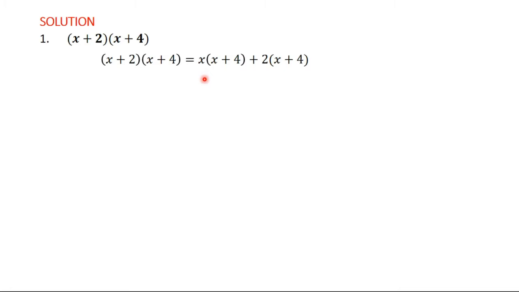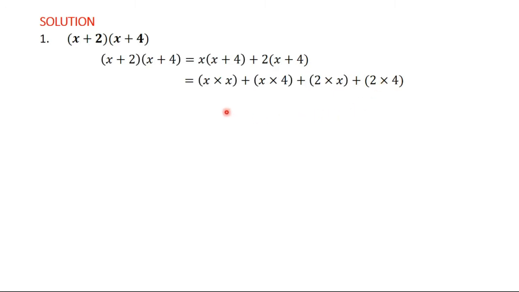So from here, you go ahead, open the brackets, and you simplify. If you are opening this bracket, we know that the first one is we are going to have x times x in one bracket, then plus x times 4 in another bracket, plus 2 times x in one bracket, plus 2 times 4 in another bracket.